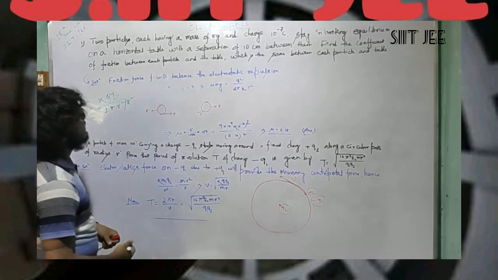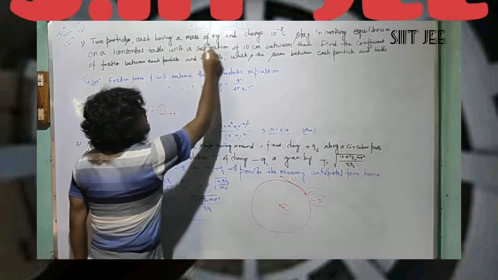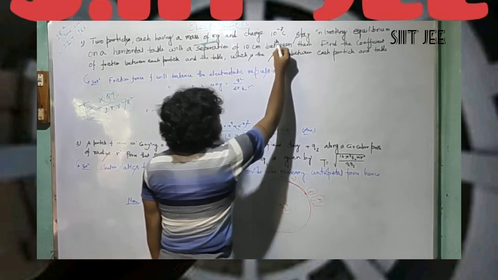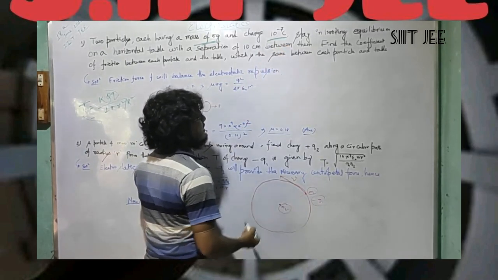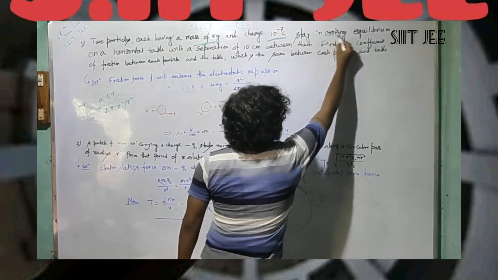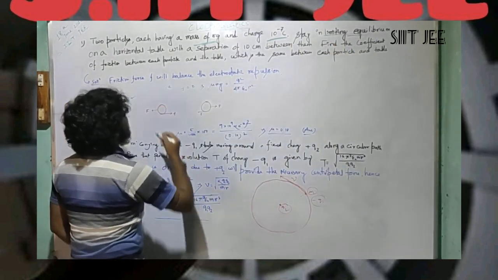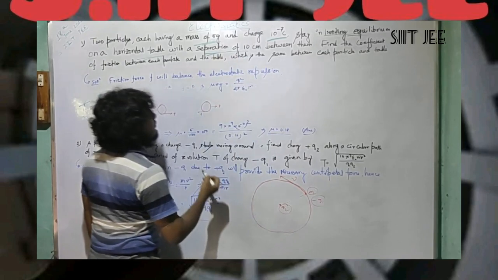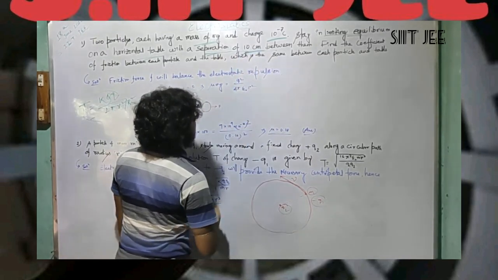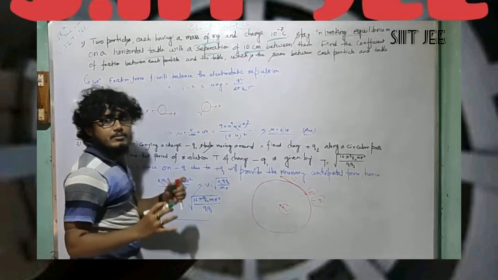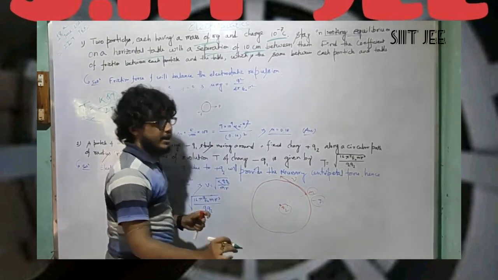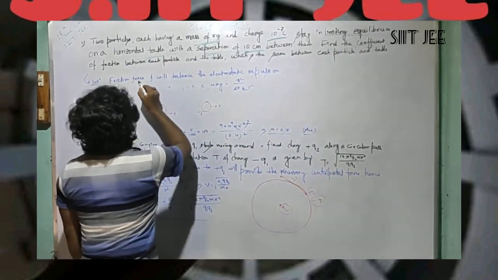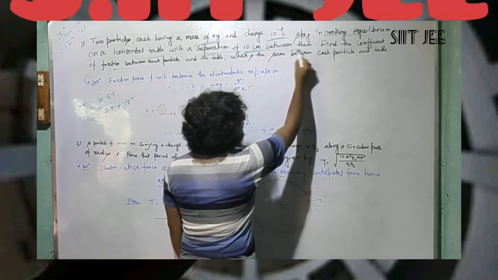Two particles each having a mass of 5 gram and charge 10 to the power minus 7 coulomb stay in limiting equilibrium on a horizontal table with a separation of 10 centimeter between them.